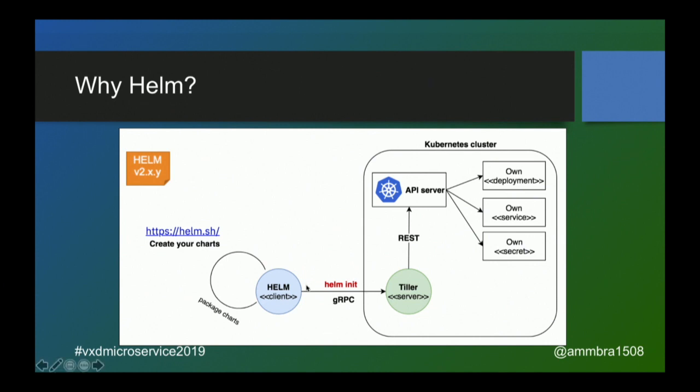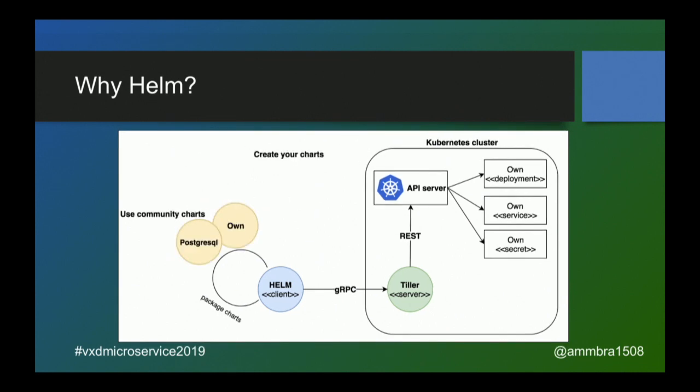Typically, when working with Helm 2, you use the helm init command to make sure that your client and your tiller are connected. Another thing to know about Helm is that it helps you create your own charts. What charts mean is that it provides you a set of templates that can be reused across those environments.